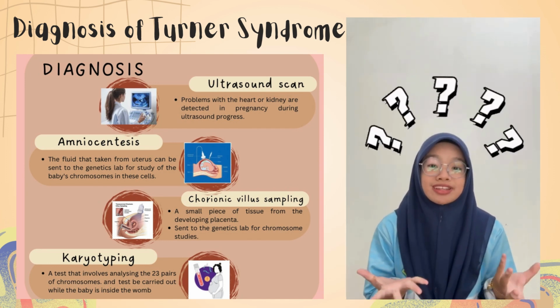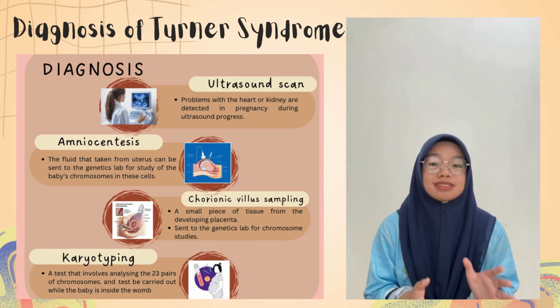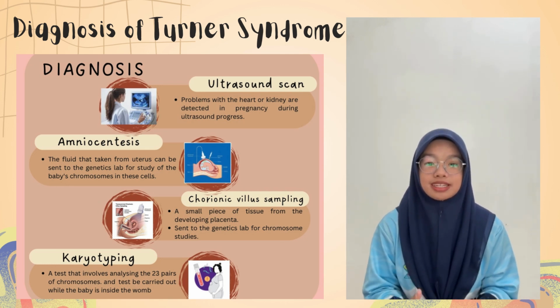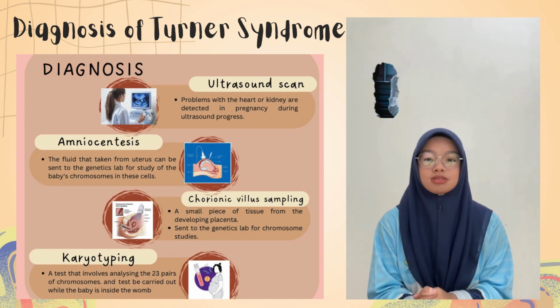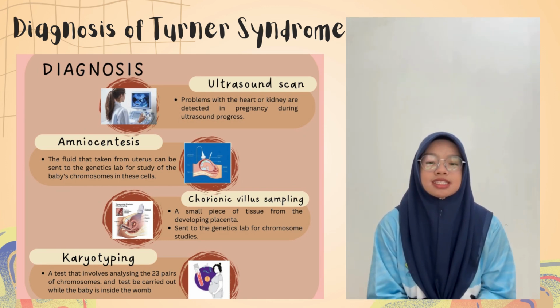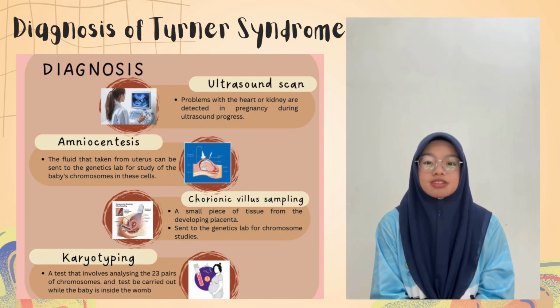Why do we have to take a small piece of tissue from the placenta? It is because the placenta contains the same genetic material as the baby. The chorionic villus cells can be sent to the genetics lab for chromosome study. This is usually done between 11 and 14 weeks of pregnancy.